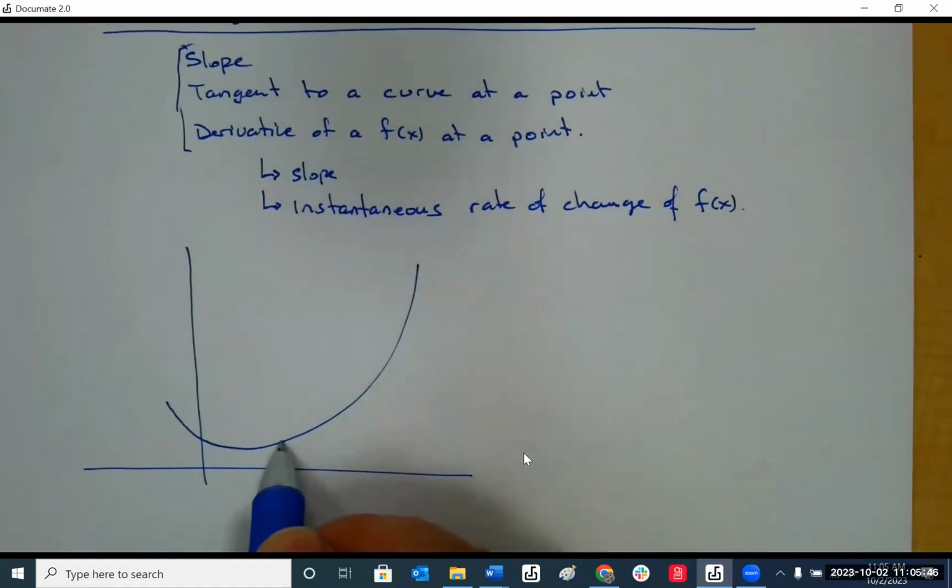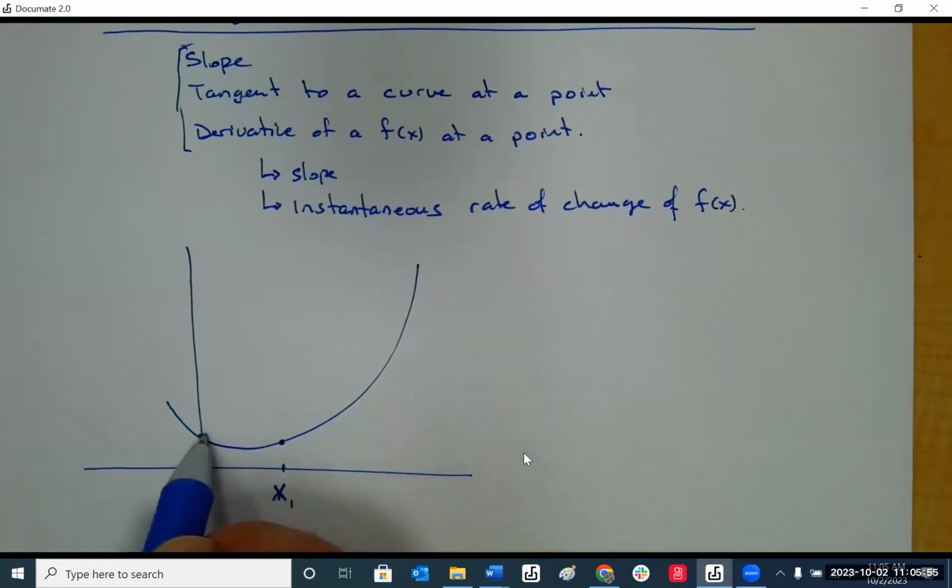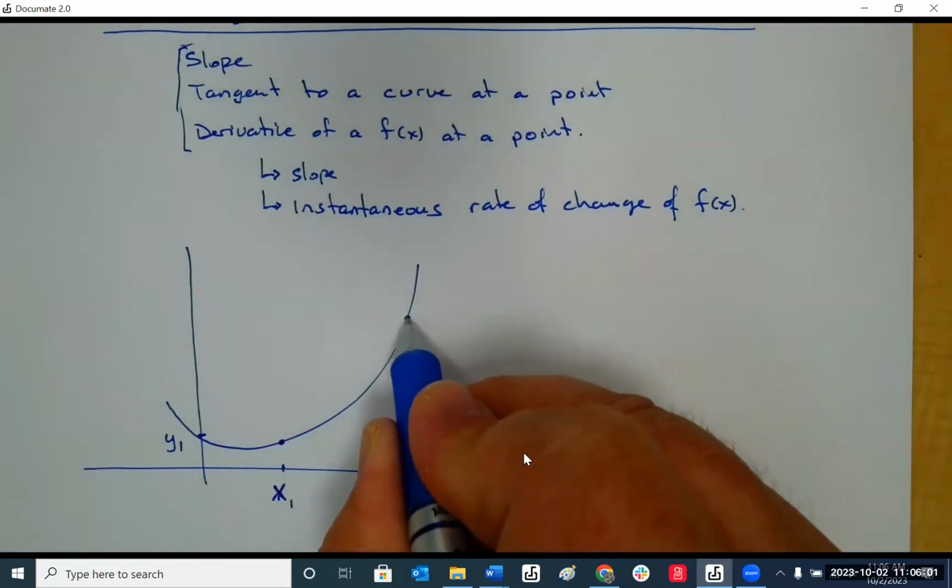Say we have a curve. And we have a point here. And we have another point there.